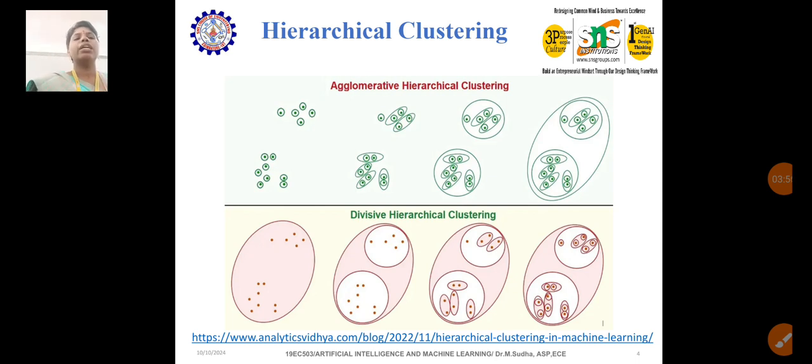It is like in VLSI, where we see the top down approach and the bottom up approach. Likewise in this clustering also, the tree structure is top down and bottom up. So here we have two categories, agglomerative as well as divisive hierarchical.